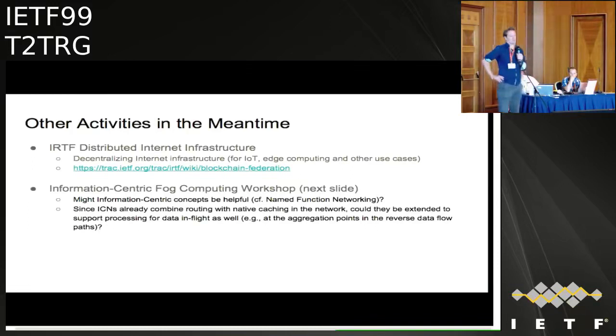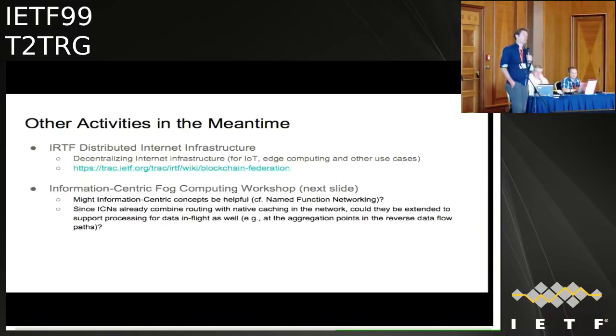For IoT, edge computing would be one of the use cases where this could be of relevance. If you're interested, there's a wiki page that does not yet, but will soon, list the presentations from yesterday. It was actually quite a good discussion on these topics.